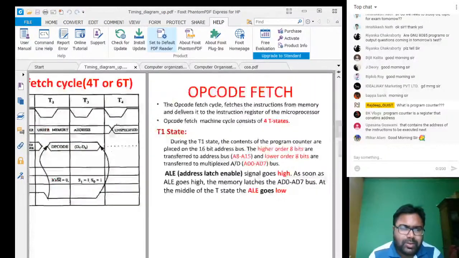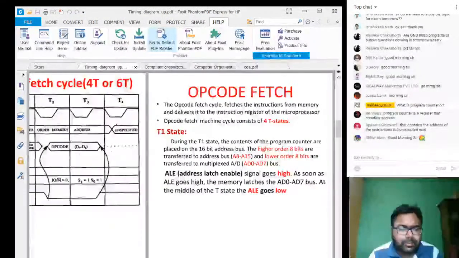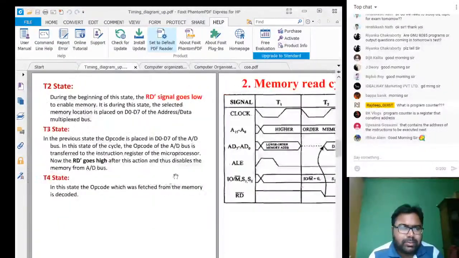If you see in the previous diagram, in the middle of this T2 state, the RD complement signal is going to be low, and the contents will now be placed from memory to the data bus.